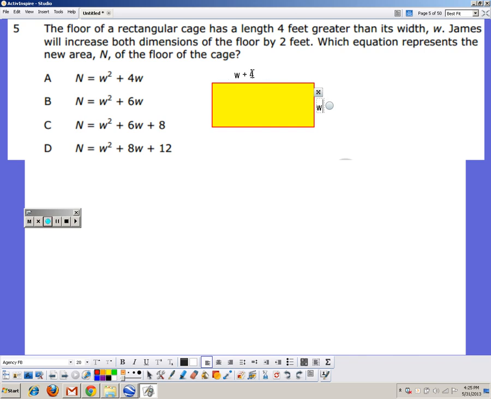So I'm going to go ahead and add 2 to both sides of the equation. Then they tell you they want you to find the new area. Okay? Well, area equals length times width, or base times height.